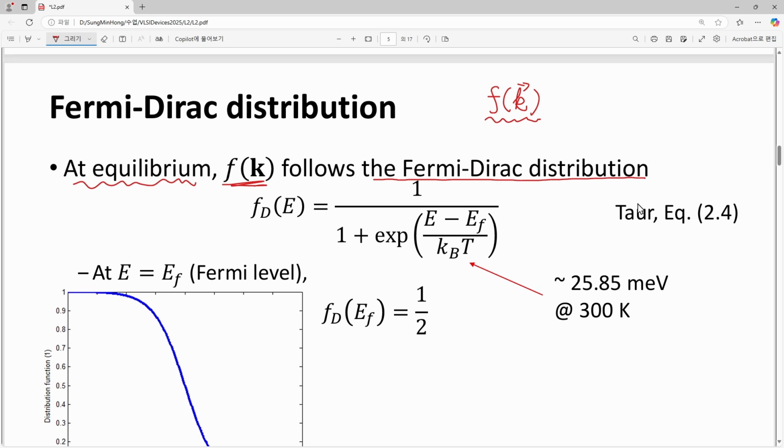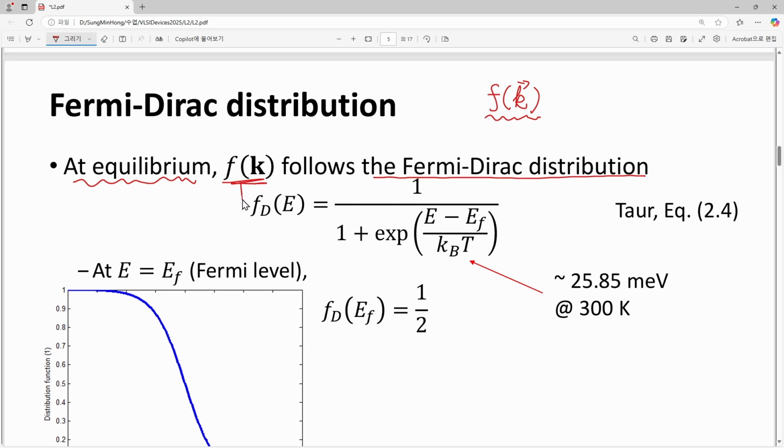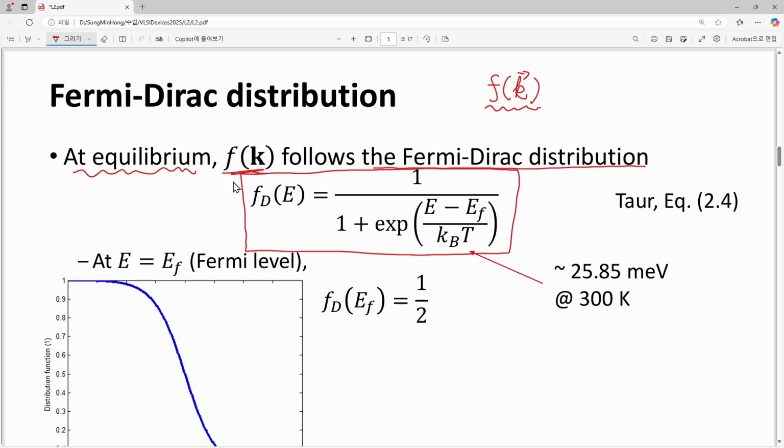So it is given in a quite well-known form. At first glance, it looks quite complicated, but by considering two extreme cases, we can easily understand this behavior.